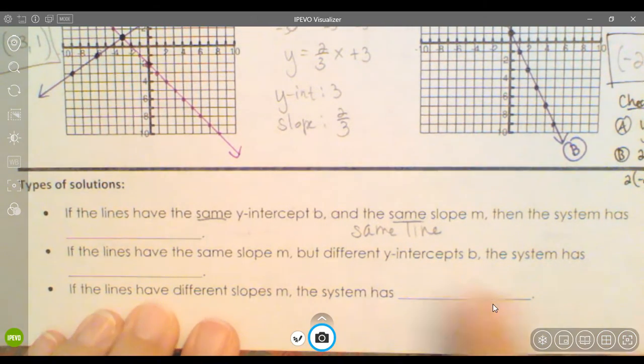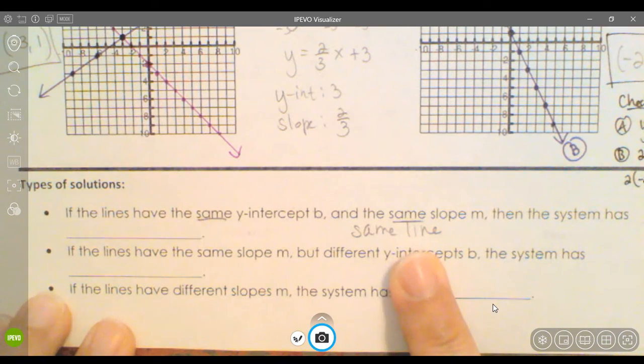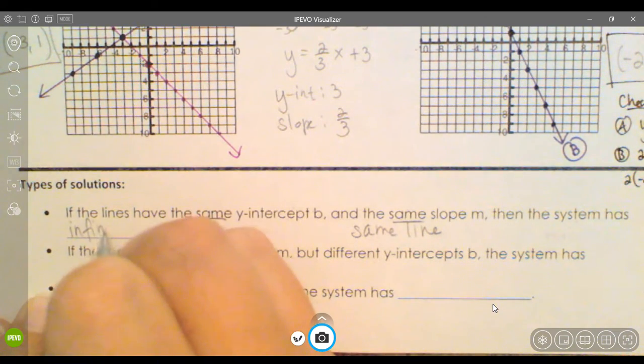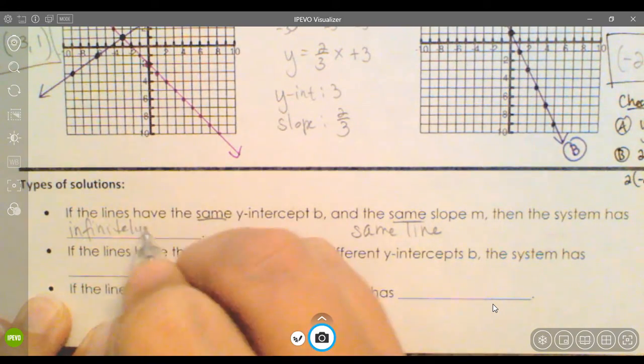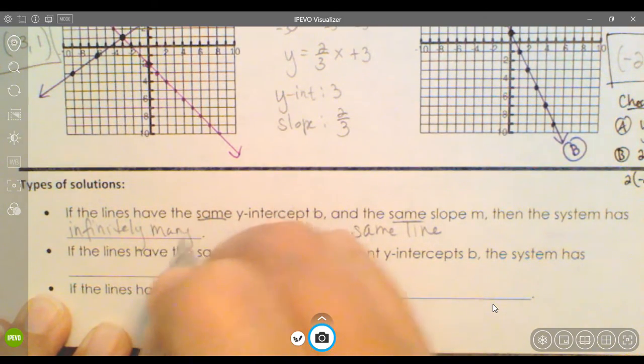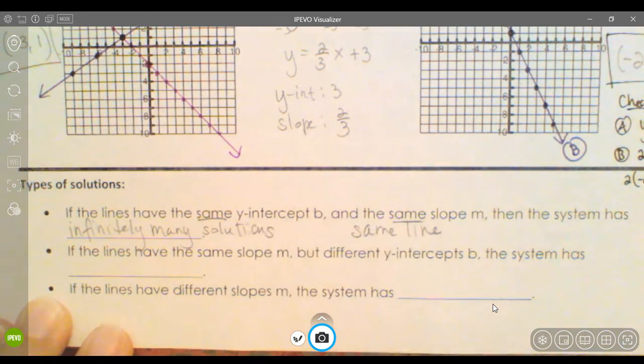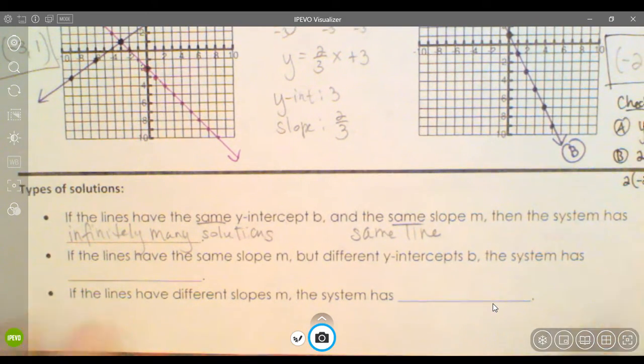And when your system is basically the same line, just written 2 different ways, your system has infinitely many solutions. Basically, you're going to trace a line onto itself. I think on the practice sheet that I give after this, there is one that's in slope-intercept form and in standard form, and you get the same line.